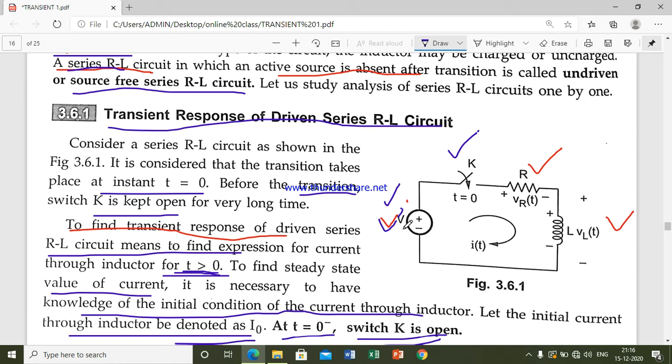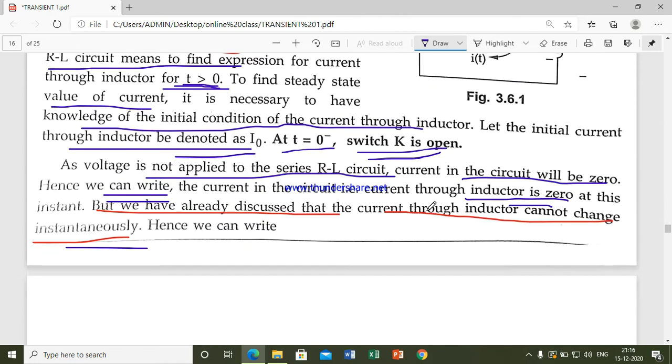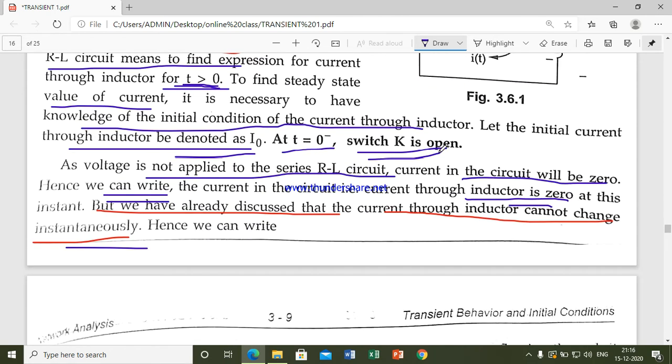In that condition, at the instant t equal to 0 minus, before the switch is applied, the voltage source V is not applied. So whatever current is flowing in the circuit, we'll call this current I naught. The I naught value is 0 because you have not applied any voltage source, since switch K is open. Also, in previous derivations we have seen that current through the inductor will not change instantaneously.